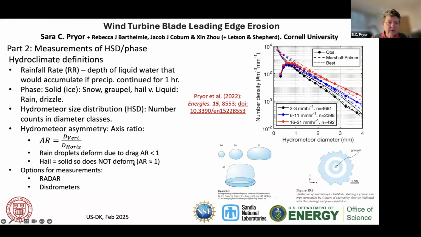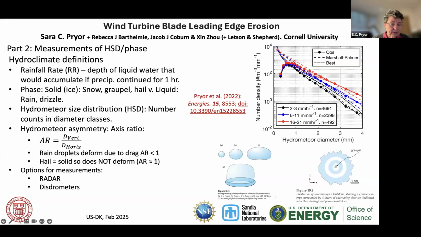There's a lot of interest within this task on the hydrometeor asymmetry. As you know, if a liquid droplet falls, we change the axis ratio. Essentially it becomes elongated in the horizontal and foreshortened in the vertical.